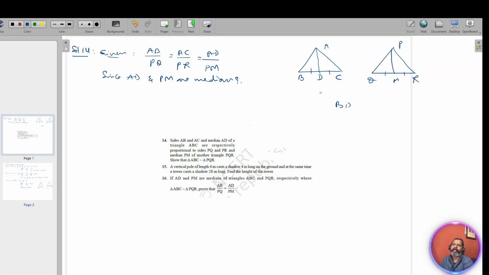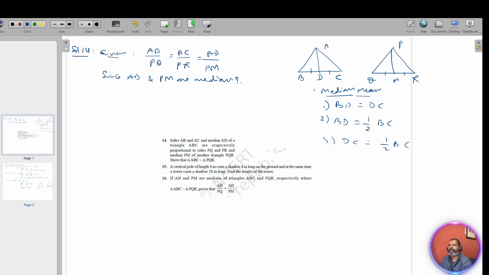See, when we say a median, it means BD equal to DC, first thing. BD can be written as half BC, second one. DC can be written as half BC. All these things should come. Whichever is required for the question, we have to use that part.